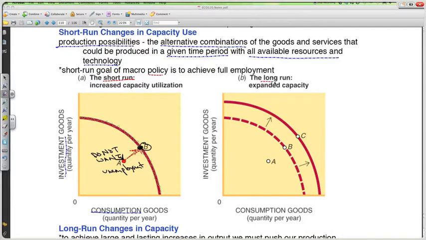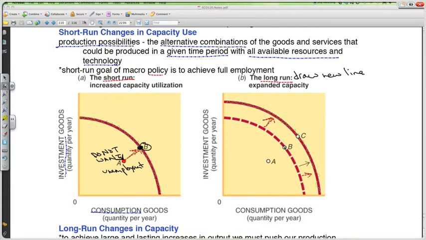Now if we're looking at the long run, that's actually growing our curve. So in the long run, we draw a new line. So here, notice that now our maximum possibilities of production has increased.